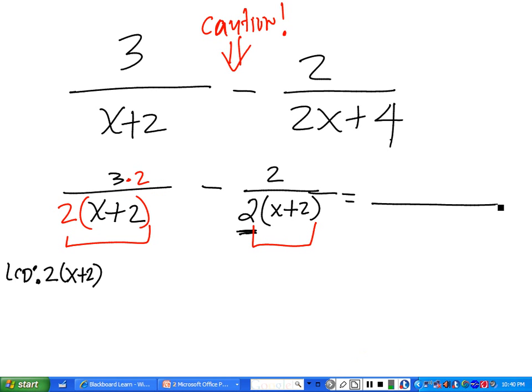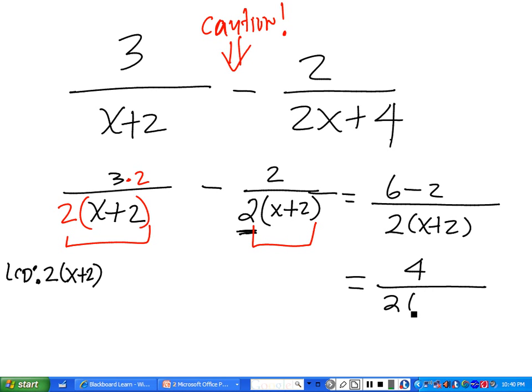I'm going to write 2 times x plus 2 in the denominator. What do we have in the numerator? 3 times 2, which is 6, minus 2. 6 minus 2 is 4 over 2 times x plus 2. Now, am I finished? Actually, no. See this 2 and this 4?